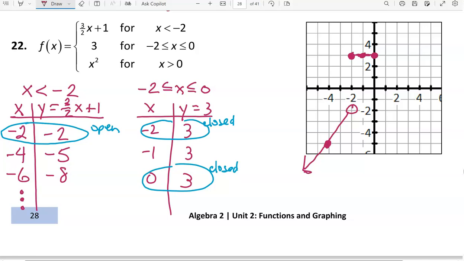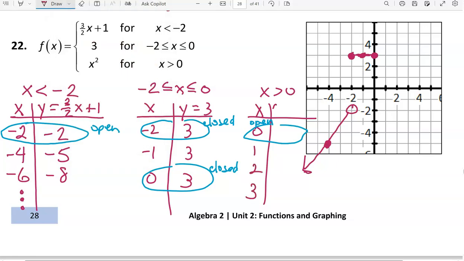And the last piece is for x greater than 0. We'll use 0 to start with, even though it's not included. That point will get an open circle for that endpoint of that interval. And then 1, 2, 3 if we get that far.